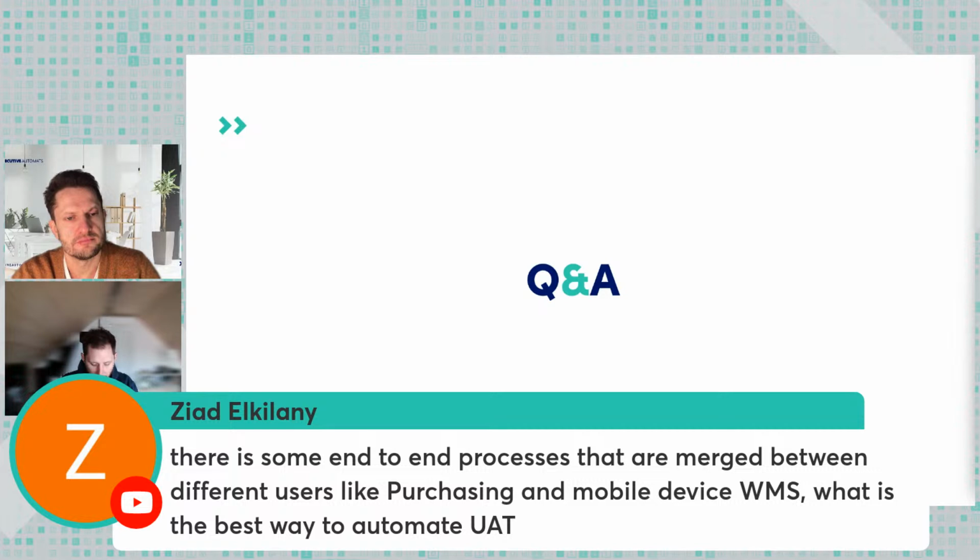If you are inviting business users for verifying the shape of the system, so that they can approve that the functionality works, they need to have prerequisite transactions. They need to have, let's say, 10 transactions which are going to create the WMS actions, like picking something. For that, you can use automation.